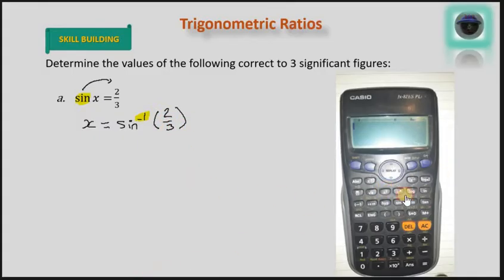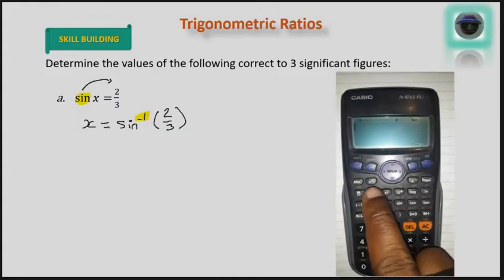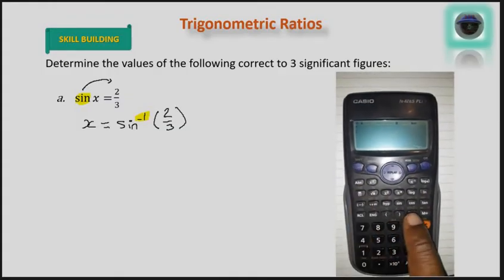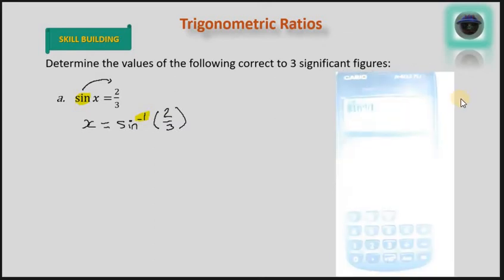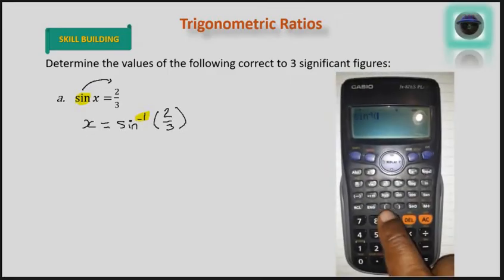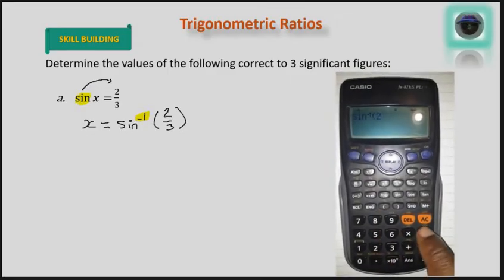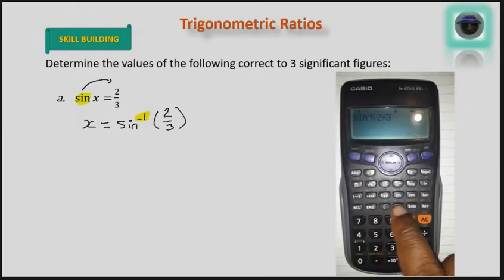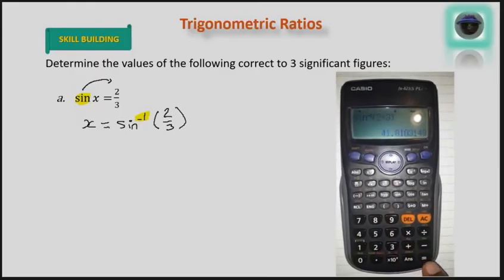Let's see how we do that. We press Shift on our calculator, our second function, then sine, and that gives us sine inverse. And then we enter 2 divided by 3. Press the equal button, and that gives us our value.